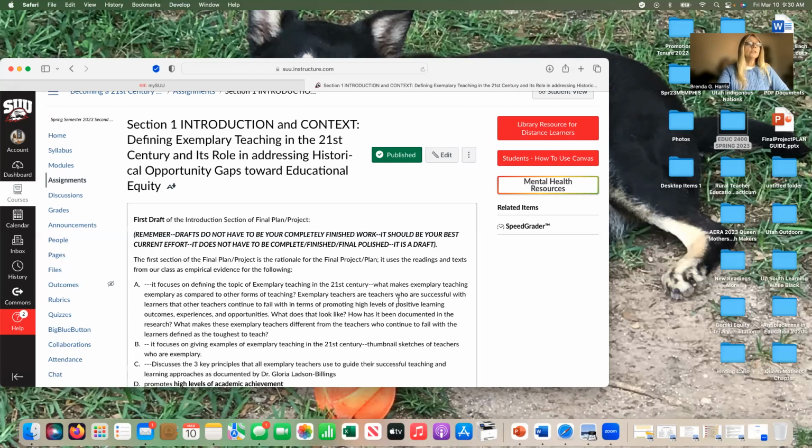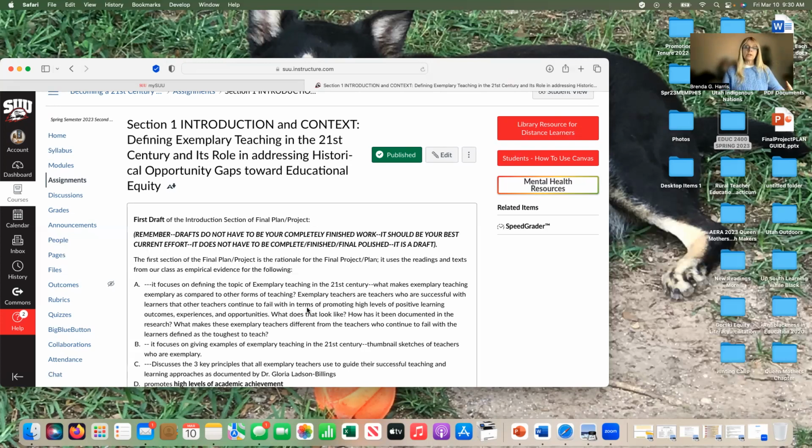Exemplary teachers are teachers who are successful with learners that other teachers continue to fail with in terms of promoting high levels of positive learning outcomes, experiences, and opportunities. What does that look like? We look at examples of that. Dr. Gloria Ladson-Billings has explained that clearly. So what are the three things that she says? That teachers are not cookie cutters. They do not just use the same things.